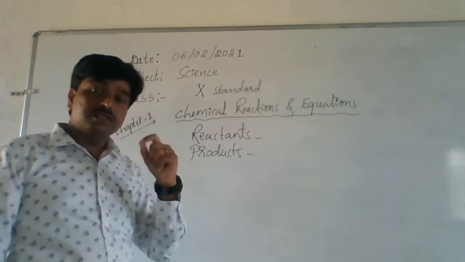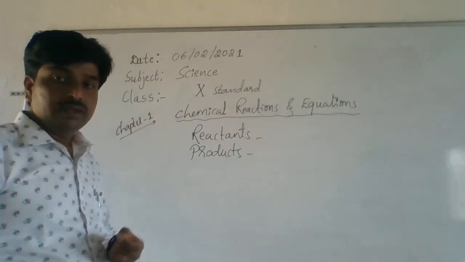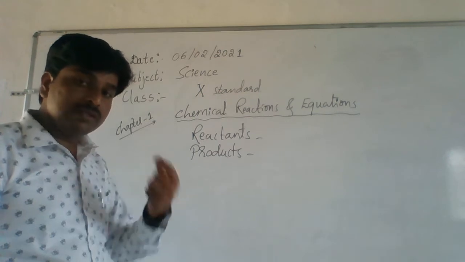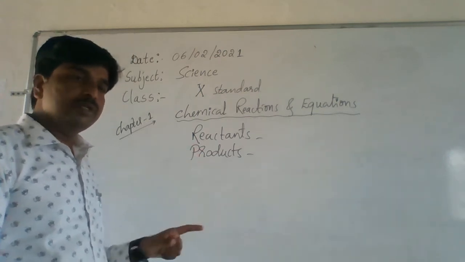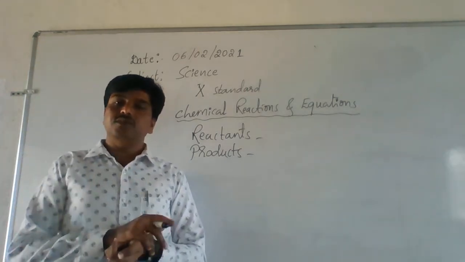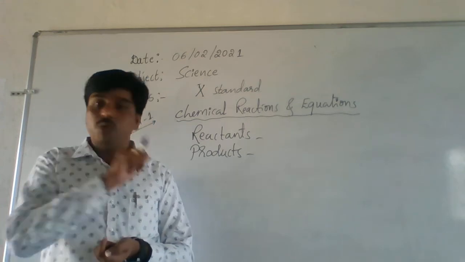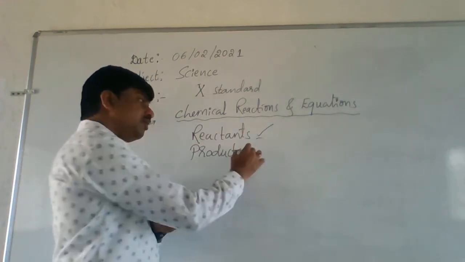Products are the substances formed with the new properties in a chemical reaction. That means in a chemical reaction we see two parts: one part reactants, another part products.